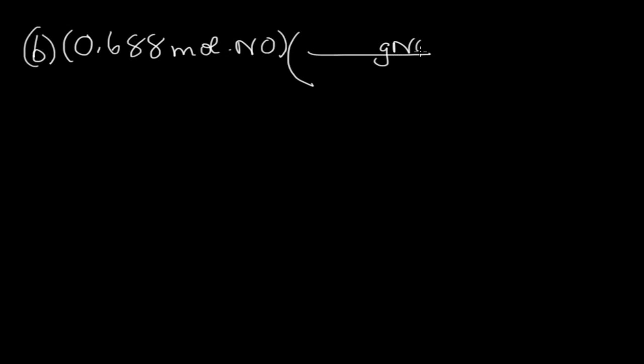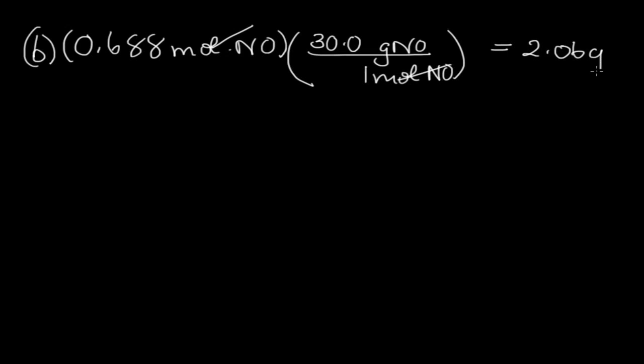And NO is quite simply 1 nitrogen and 1 oxygen, so the mass is 30.0 grams per mole. And so this comes out to be 2.06 grams of NO. And that's all there is to that.